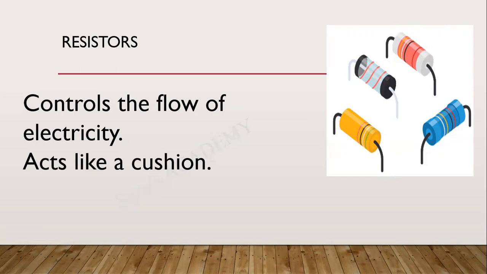If we want to lower the voltage levels in a portion of the circuit, you can attach this resistor to lower the voltage as well as to control the flow of current. Mainly, resistors act like a cushion in the electrical circuit.